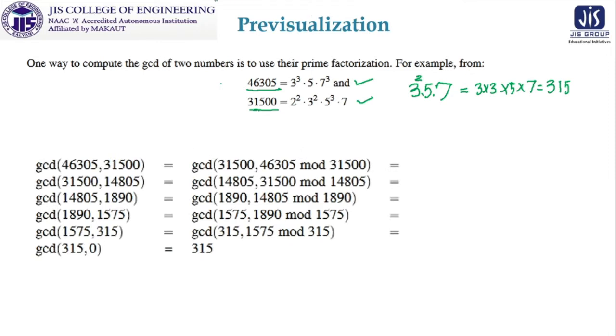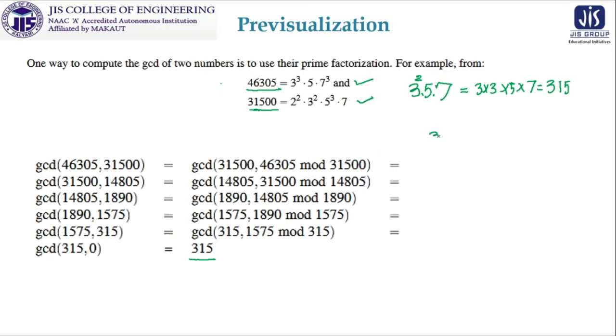Look at this. Our target here is to find the GCD of these same two numbers, and obviously we know it is going to be 315. But how does it come? We take 31500 and 46305 mod 31500.